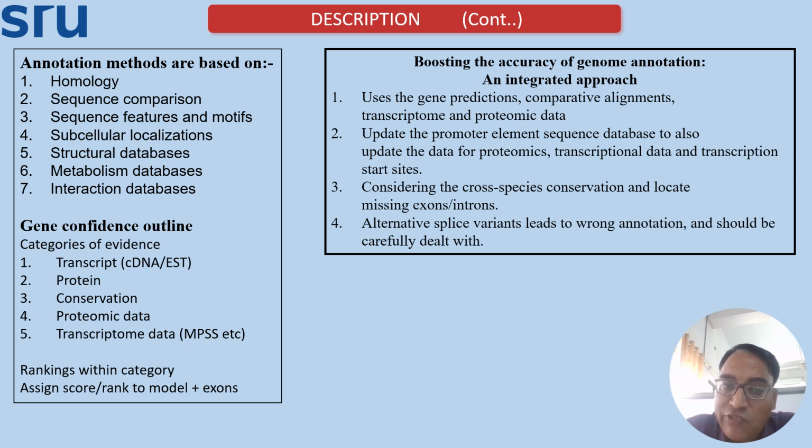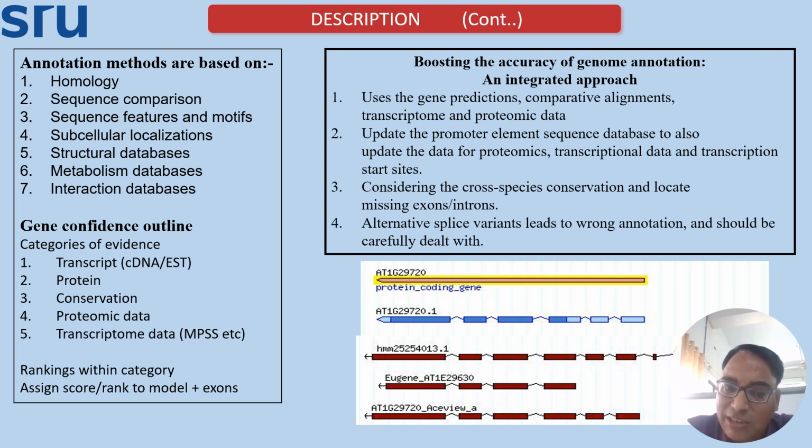Then I'll find out alternative splice variants, because they lead to wrong annotation and I should carefully understand them. I should properly understand that there can be multiple variants of the same protein, so I need to consider that probability also. Once I am confirmed that this is 100% an alternative splice variant, with multiple proteins coming out from the same gene, I can easily find out because I know exons, I know proteins.